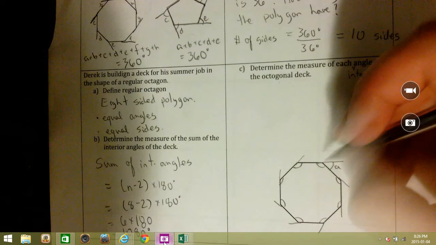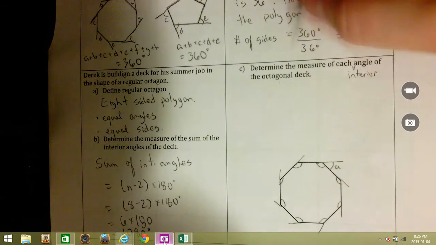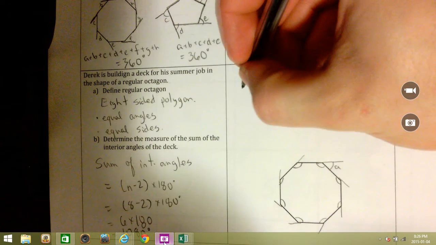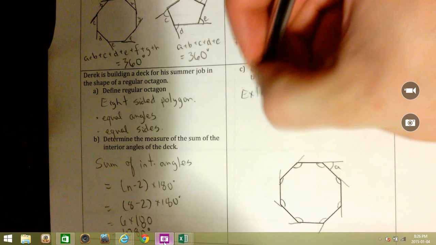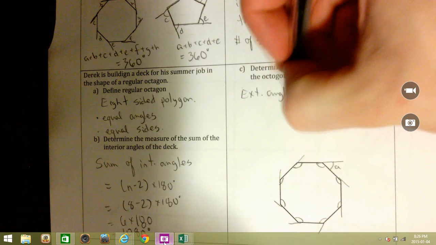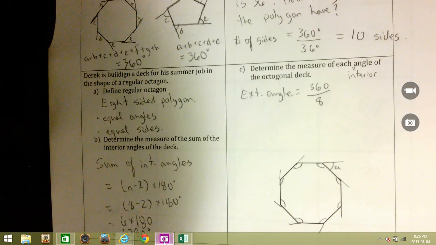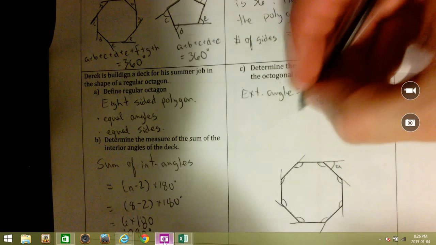So the exterior angle is going to be 360 divided by 8, which is 45 degrees.